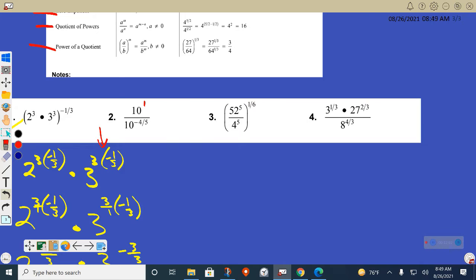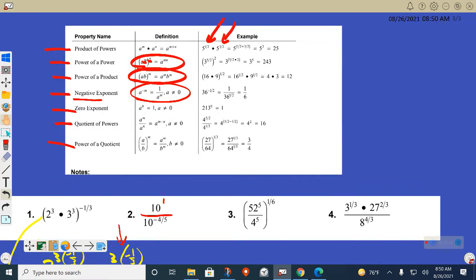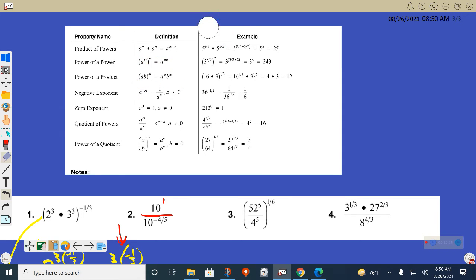So now, I'm looking at this. Self, look at this problem. Self, you're dividing. So self, what rule involves division? Well, let's see. Up here, the rule that involves division is this one and this one only.